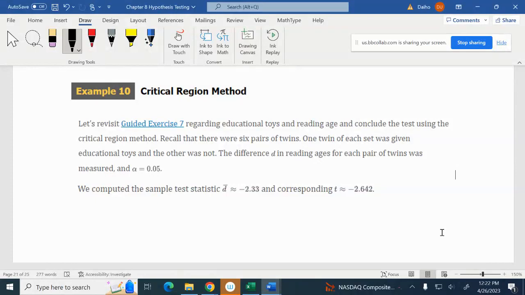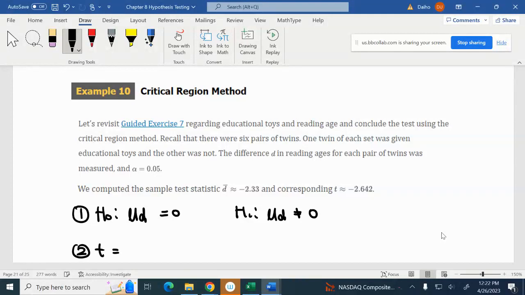In this example, I want to test mu d equal to 0 always, but they just want to check the difference. The second step, the test statistic was given, negative 2.642.